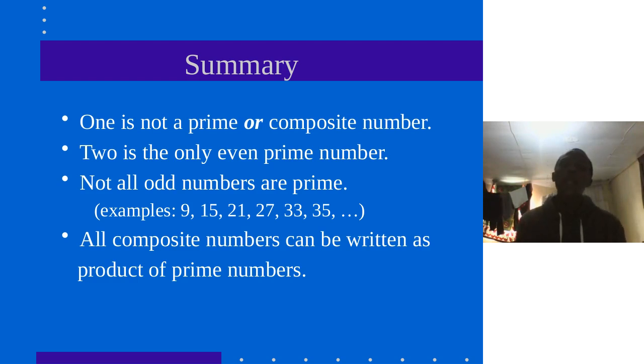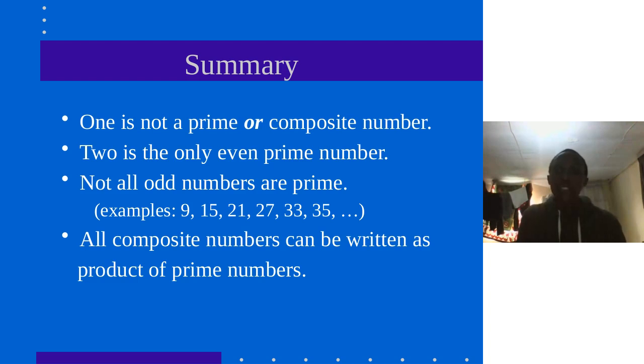So it's not a prime number, and again, it's not a composite number because a composite number is a number which has more than 2 factors. Also, 2 is the only even prime number because 2 can be divided only by 2 and 1.